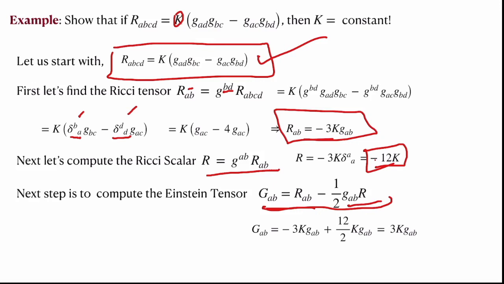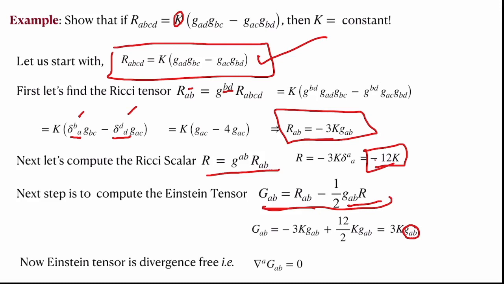So that is the Einstein tensor. Now we take the divergence of that and set it to 0. The divergence of g_AB is 0 because covariant differentiation is essentially defined like that, and that leaves out that the divergence of the Einstein tensor is 0 if and only if the partial derivative of k is also 0.